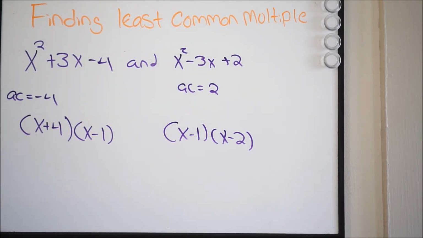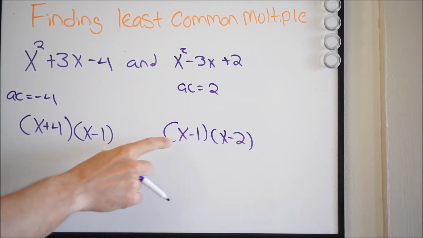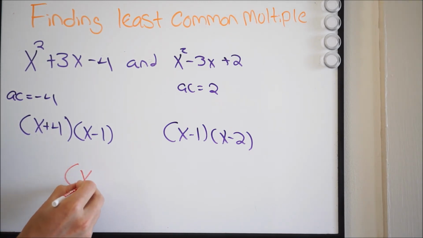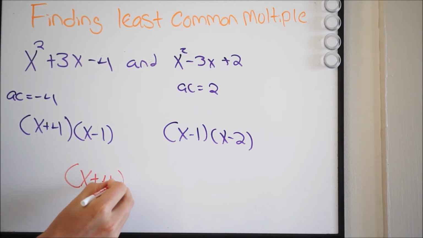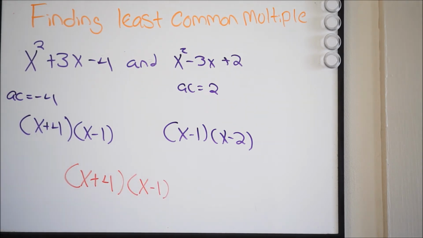So the least common multiple here is we're going to write out the factors that we have. But if they appear twice like we have here, so we have x minus 1 and x minus 1, we only have to write it one time. So what we're going to have here is the following. We'll have x plus 4, and we'll have x minus 1.